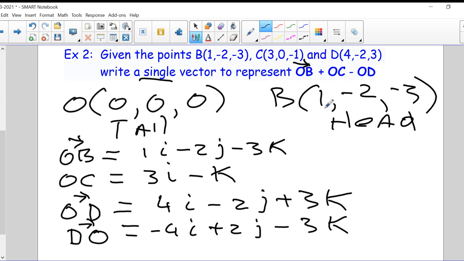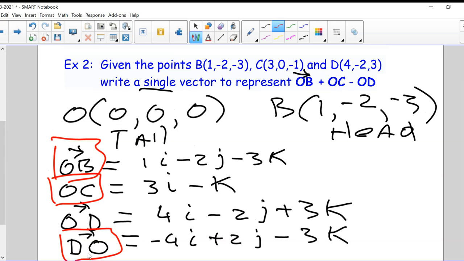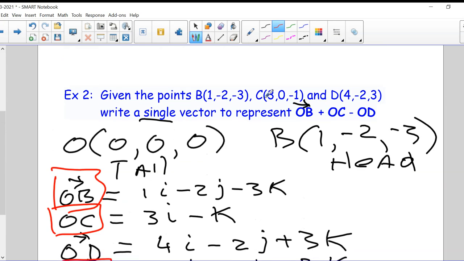The DO vector is so I can add these three together. I'll circle them. I can take this and add it to this, and add it to this. This is the opposite. So how do we get OC? The C point is at 3, 0, minus 1.